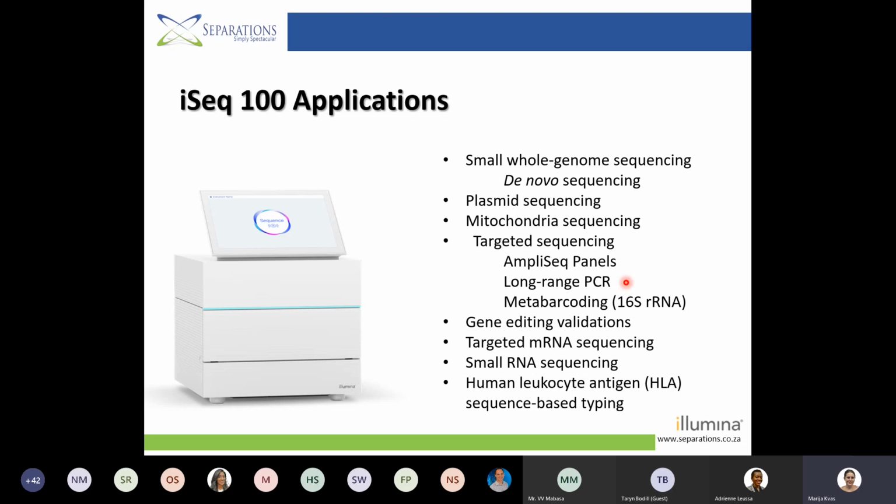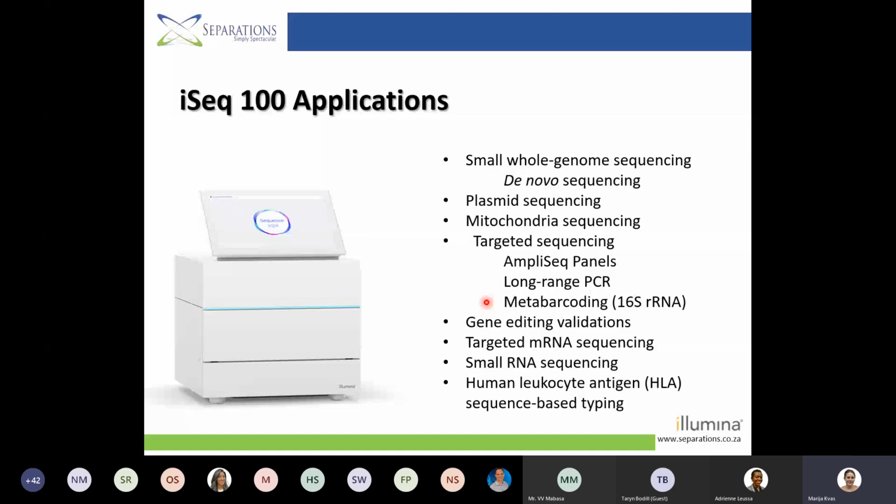We can also look at metabarcoding if you're interested in environmental samples like water and soil, or from a more clinical point of view, if you're interested in, let's say, bacterial composition of a gut microbiome, where you could look at 16S rRNA metagenomics.